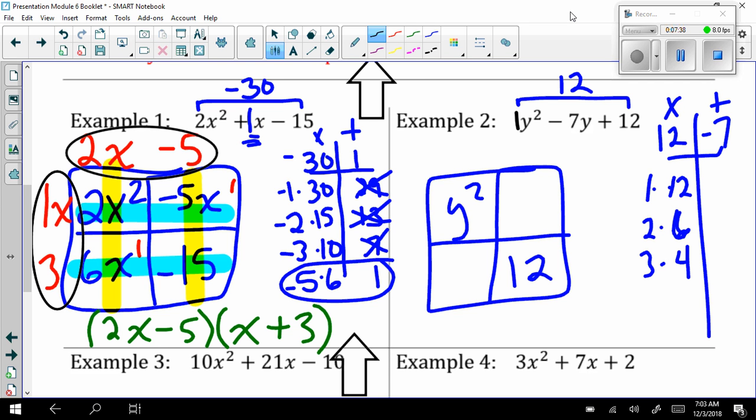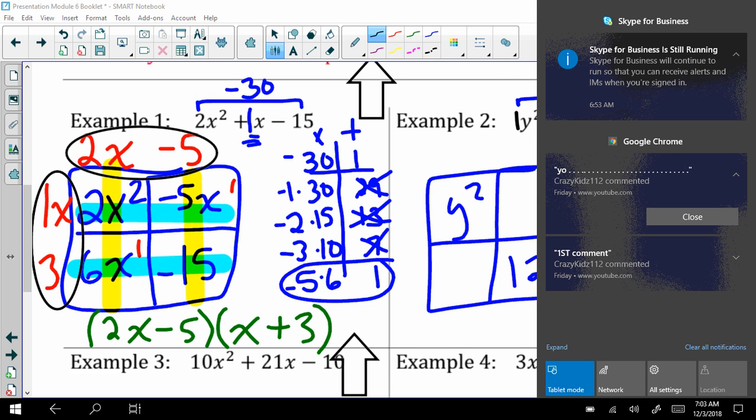I have to think about my signs. If I have a positive 12 that I'm multiplying to, my signs are going to be the same. Since I'm adding to a negative 7, they're both going to be negative. So negative 1 and negative 12, that would add to negative 13. That doesn't work.